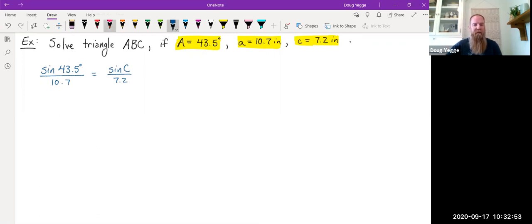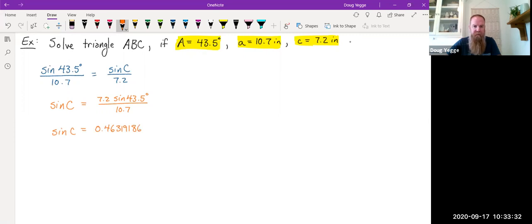So if we want to isolate sine of angle C, notice that if I just multiply both sides by 7.2, sine of angle C becomes 7.2 sine of 43.5 degrees divided by 10.7. And so in this scenario, we find that sine of angle C is equal to 0.463198186 or so.